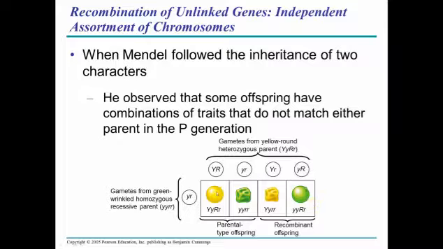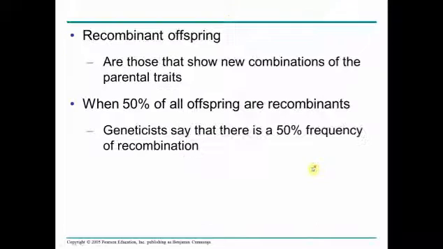In a linkage problem, the majority of the offspring would be like this and like this. You'd have far larger percentages of these, and a very small percent would be these two. Mendelian inheritance predicts a 1 to 1 to 1 to 1, but if they are linked, then you get very small numbers of these, and we would call these recombinant offspring.